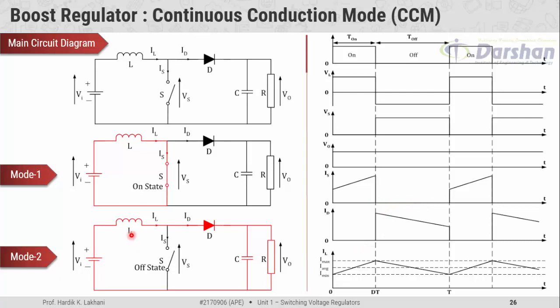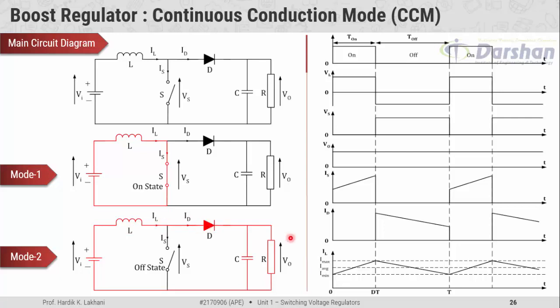During the second interval, the inductor current gradually decreases from maximum value towards the minimum value as it delivers its energy to the load through the diode. So the inductor current and the diode current both are same because these elements are connected in series.